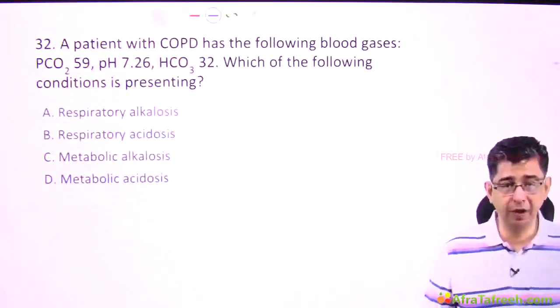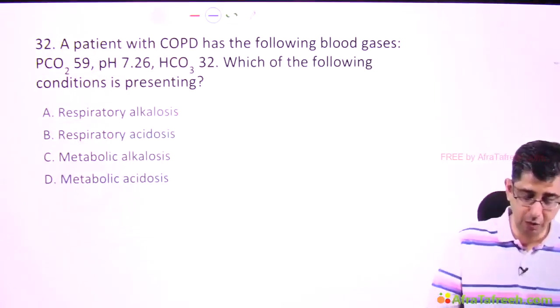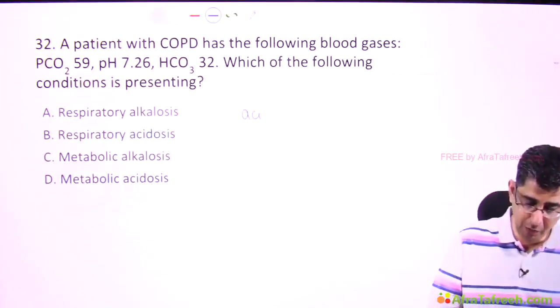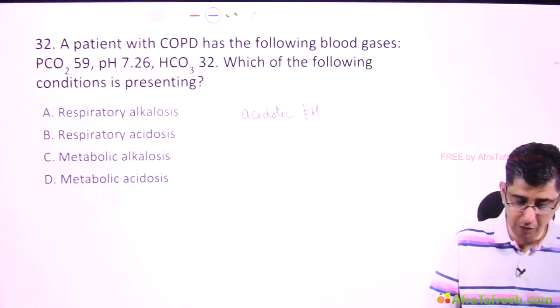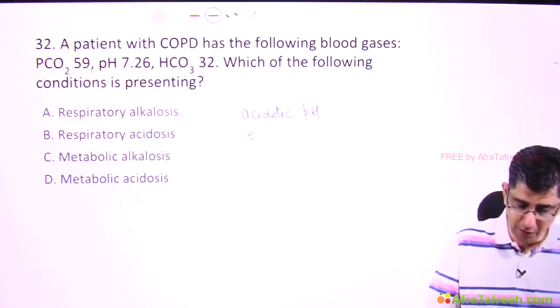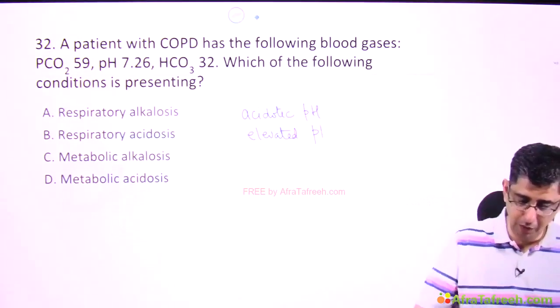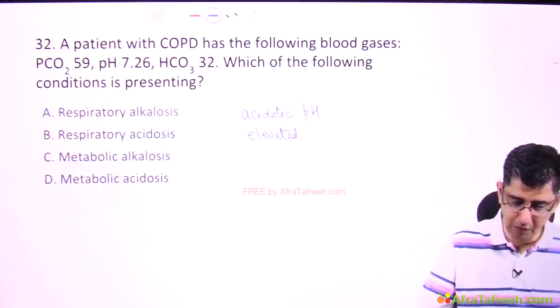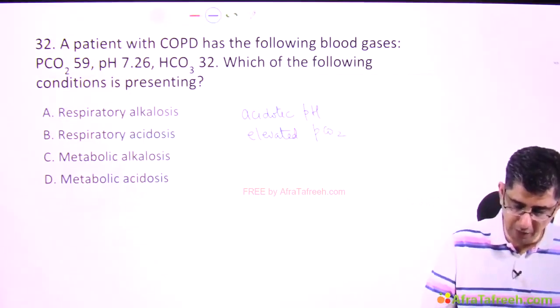A patient with COPD has the following blood gases. The pH of this patient is 7.26, so he has an acidotic pH. The value of PCO2 is elevated, so that explains that he probably has a respiratory acidosis present. If I look at the value of bicarbonate in this fellow, bicarbonate is also elevated.